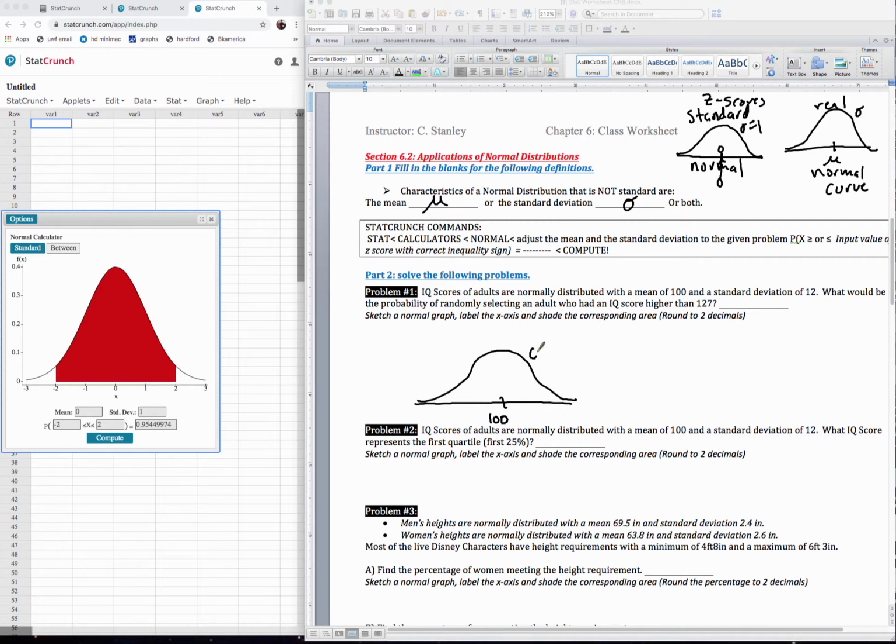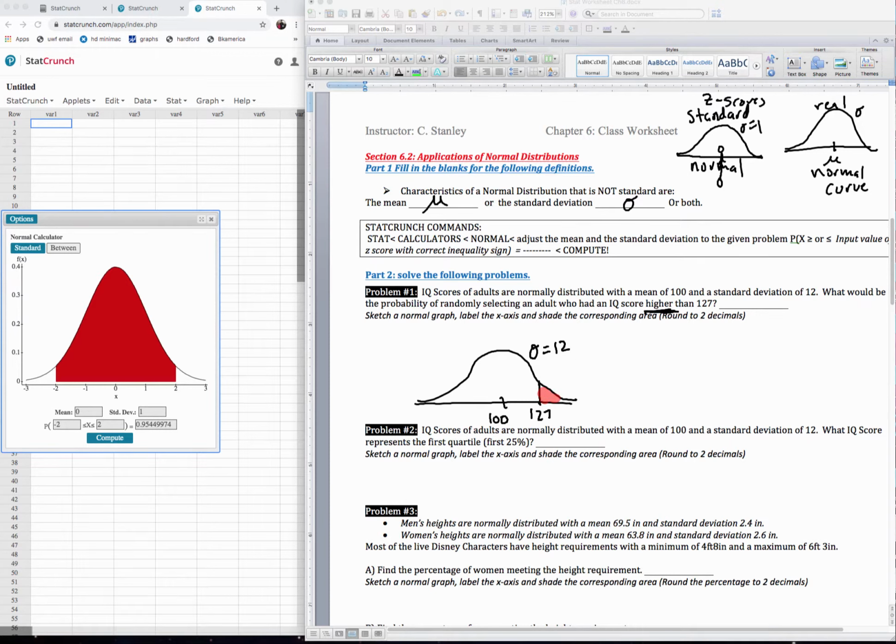And then they put the standard deviation up here, a standard deviation of 12. Then they say, what would the probability, remember probability is like area under this curve, of selecting an adult male who has a higher score than 127? Well, 127 is over here somewhere. So I put a 127, draw a line to the top, and then they say higher. That's your keyword right there, higher. So higher is going to be over here.